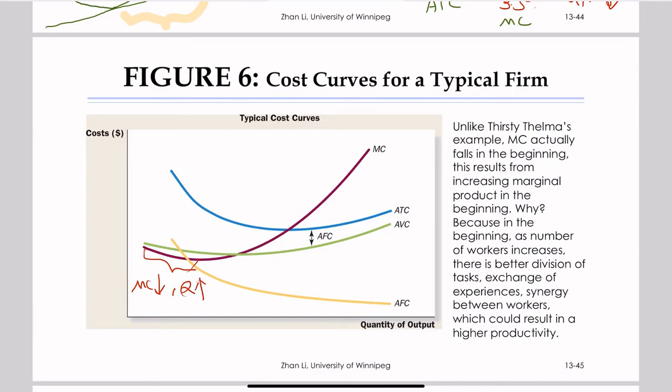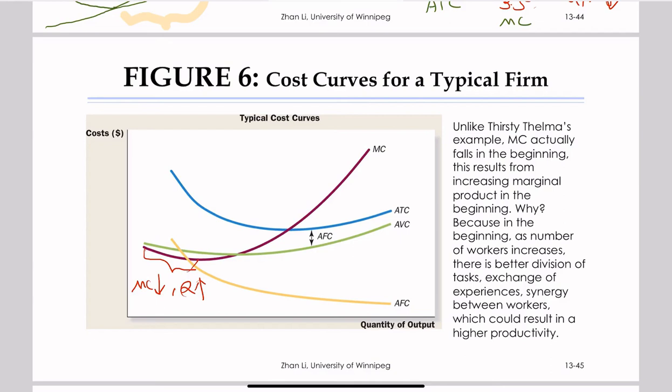Why do we get this result? Well, because in the beginning, if we have more workers, then we could actually benefit. Basically, if we increase the number of workers, then there could be better division of jobs, and then there could be better exchange of experiences, and then there could be some synergies between different workers. So this will increase productivity of these workers.